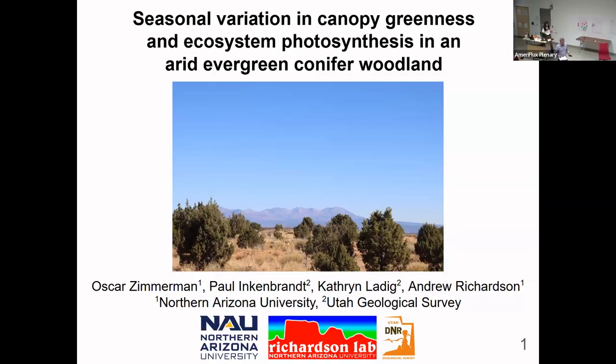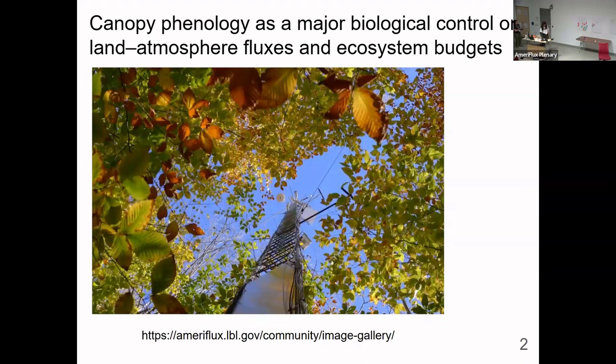I'm a grad student, and I'm going to be talking about canopy phenology in an evergreen ecosystem today. I might be a little bit biased, but in my view, it's just so important to study canopy phenology in the AmeriFlux community.